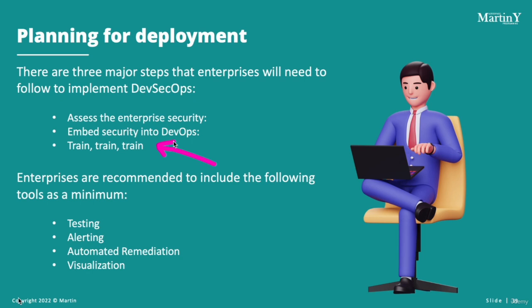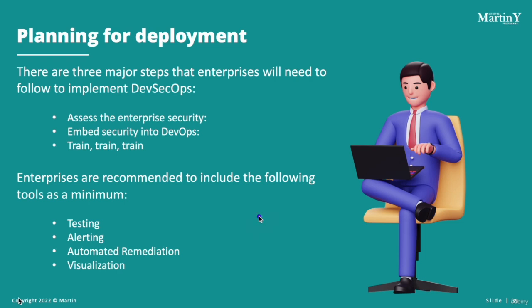Developers, operators, and security engineers need to be fully committed to applying the security controls in their work, and that implies they should always be aware of the security risks the enterprise is facing. And of course, proper tooling is essential in order to achieve that, at least at a minimum.